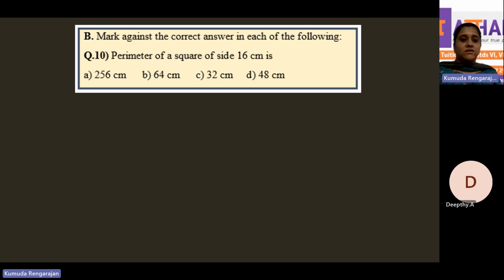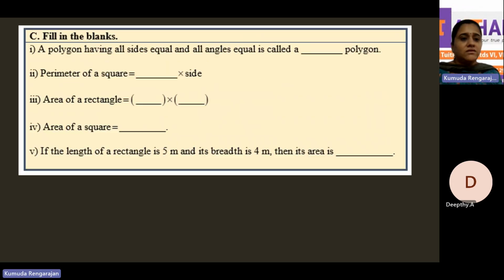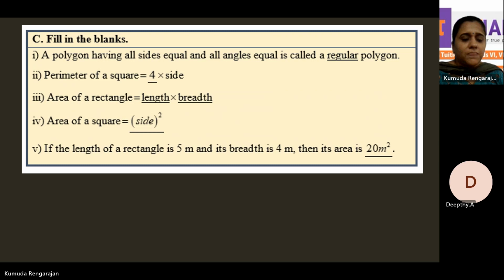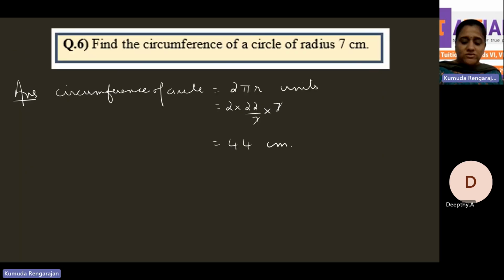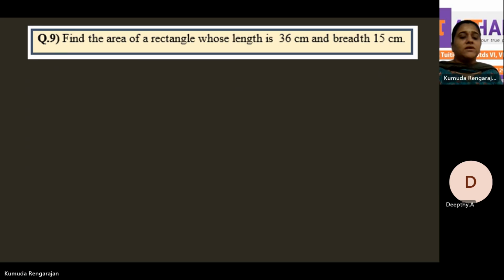Then I'll do one thing. I'll share the rest with you because it's too big to write now. Take down this question. We'll do it. You can pick it later. Take down this question. But that will be only length into breadth, right? Yeah. It's a part of the worksheet, so you have to do it.